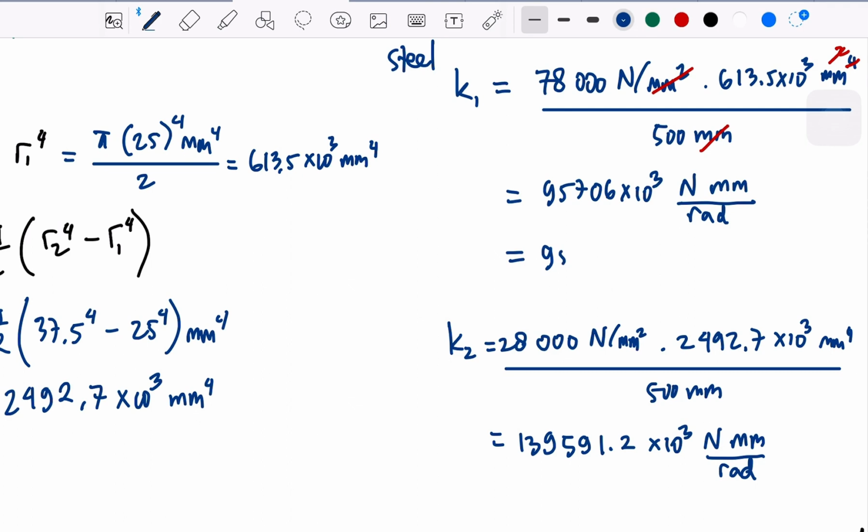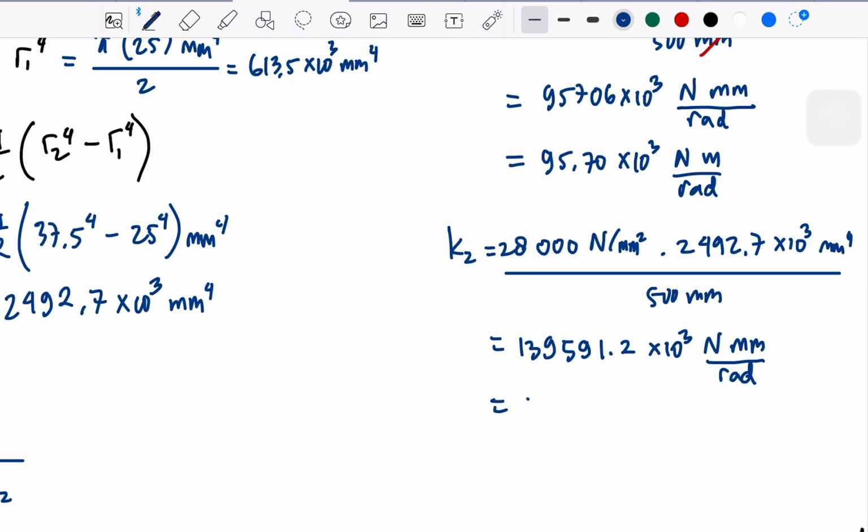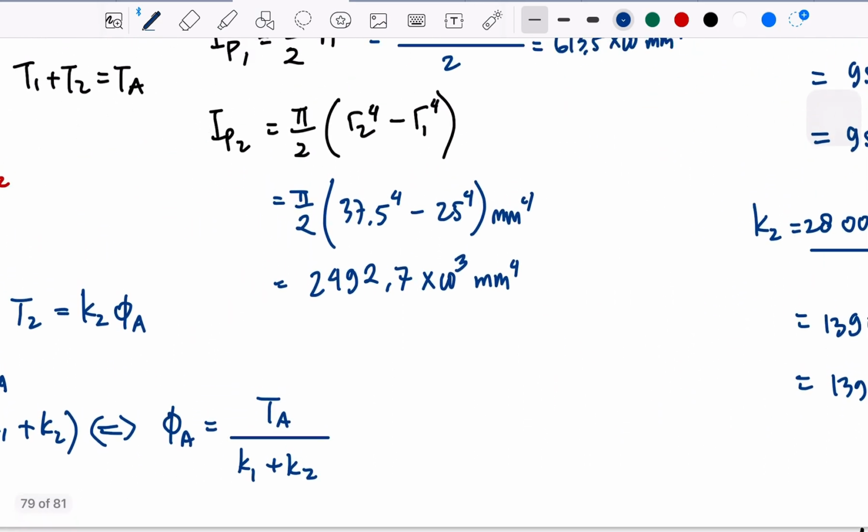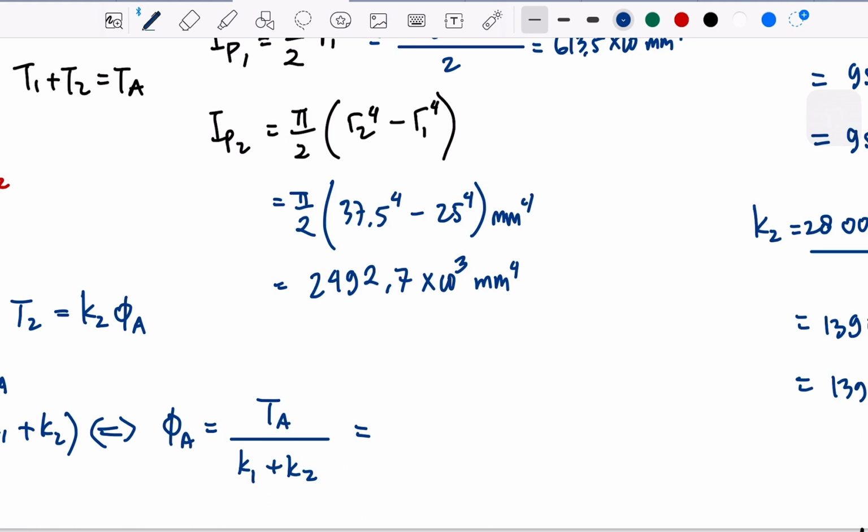So this will be in meter. Now we take that into our calculations: 350 divided by K.